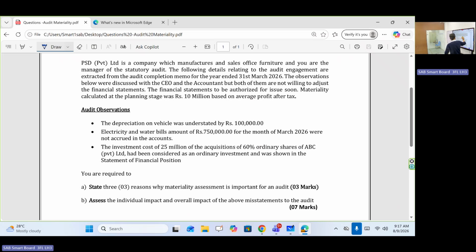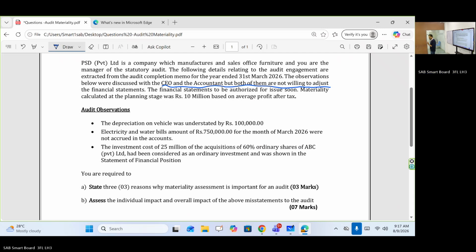In audit, if you identify any misstatement and communicate to the management, and they rectify it, no issue, because you are going to give the opinion to shareholders on the rectified financial statements.